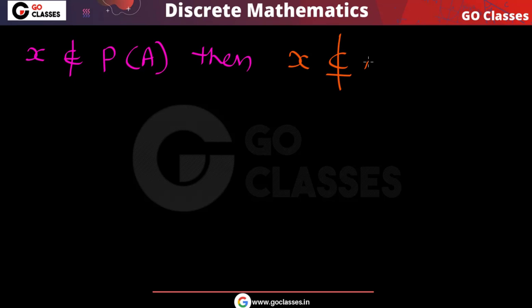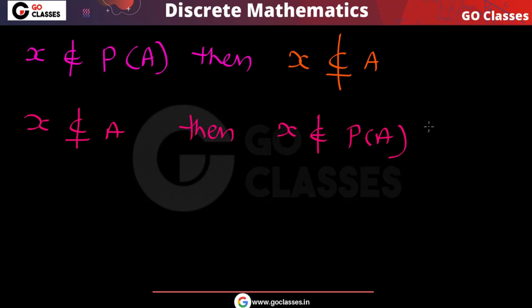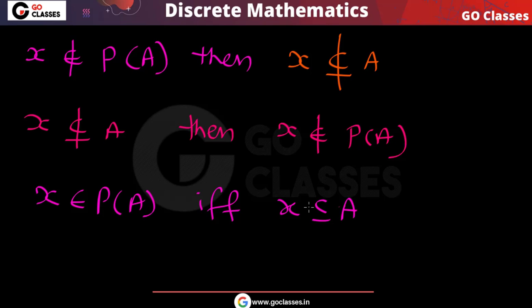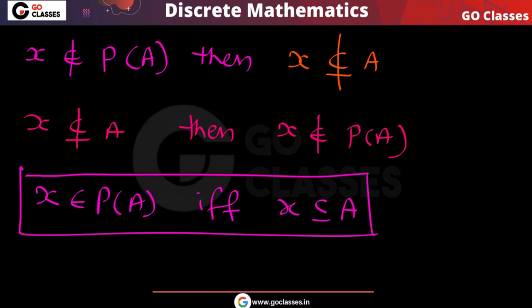It simply means that X is not a subset of A. Because if X is a subset of A, then definitely X will be in power set of A. So if X is not in power set of A, then X is not a subset of A. Similarly, if X is not a subset of A, then definitely X is not in the power set of A, because in the power set of A you have all the subsets of A. So I can simply say that X is in power set of A if and only if X is a subset of A. This is an if and only if statement.